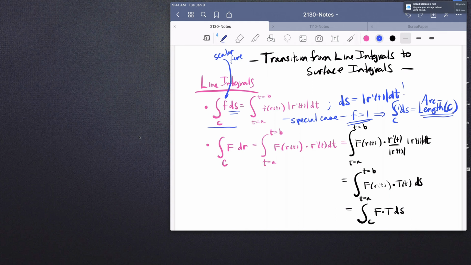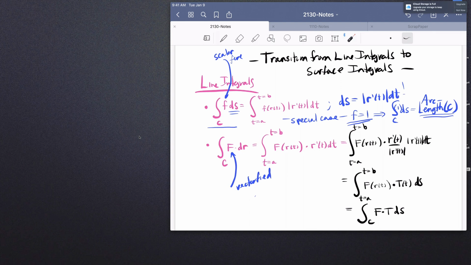Then we moved on to a new kind of integral called a work integral, a line integral of a vector field along a curve C. Its notation and definition is given by this formula here, which means that we need to evaluate the vector field along the curve and then do the dot product with the velocity of the curve, r prime.